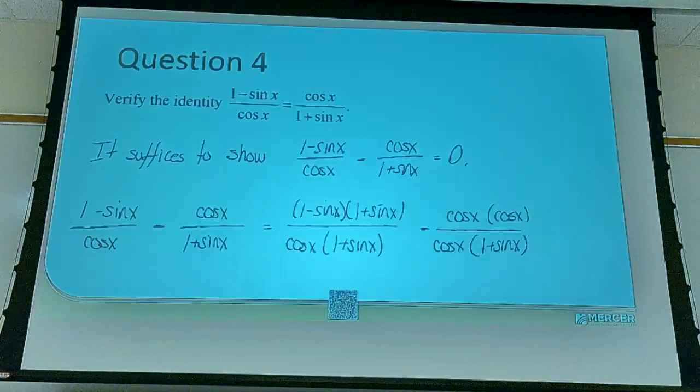For that first fraction, isn't that a difference of squares? One minus sine times 1 plus cosine.